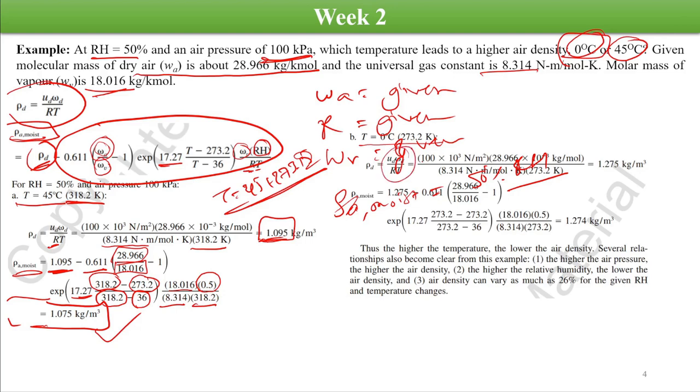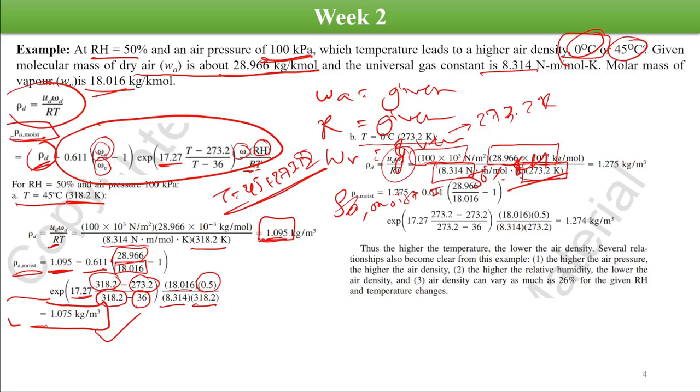Okay, at the value of the UD, we'll write 100 into 10 to the power minus 3, and at the place of WD, that is the molecular weight of dry air, that is given as 28.966. So that will be 28.966 in 10 to the power minus 3 kilogram per mole. Moving further, we'll write the gas constant here, and the temperature is going to be 0 degree or 273.2 Kelvin.